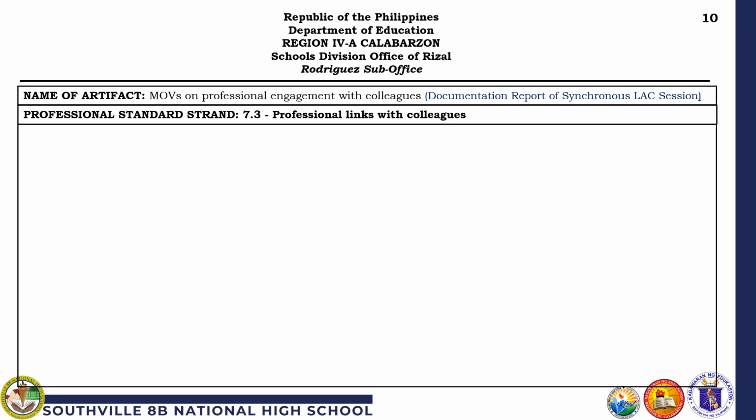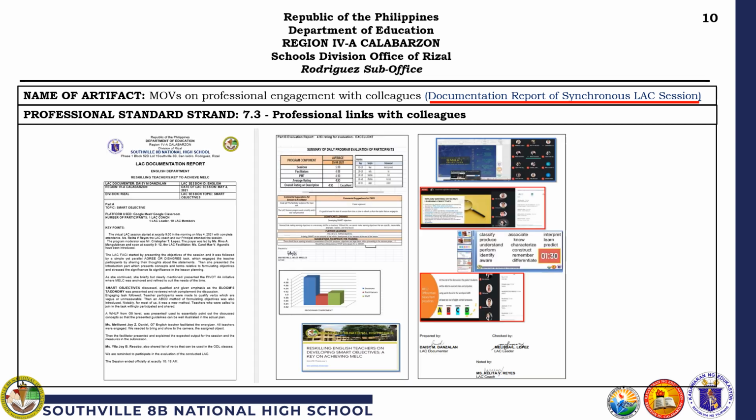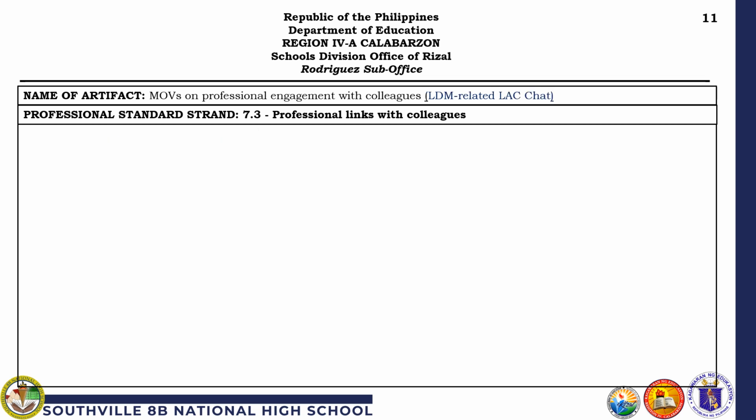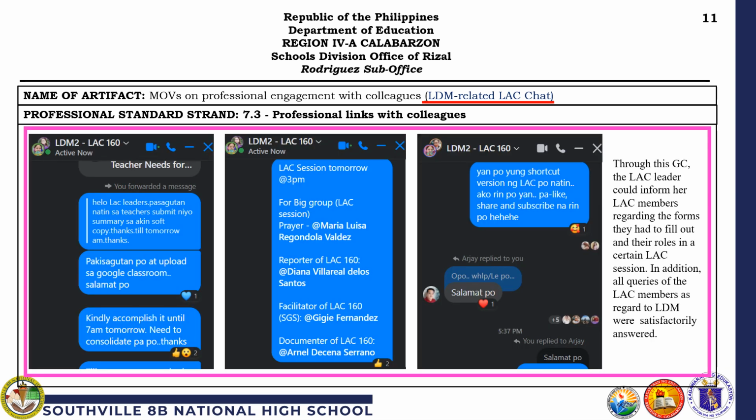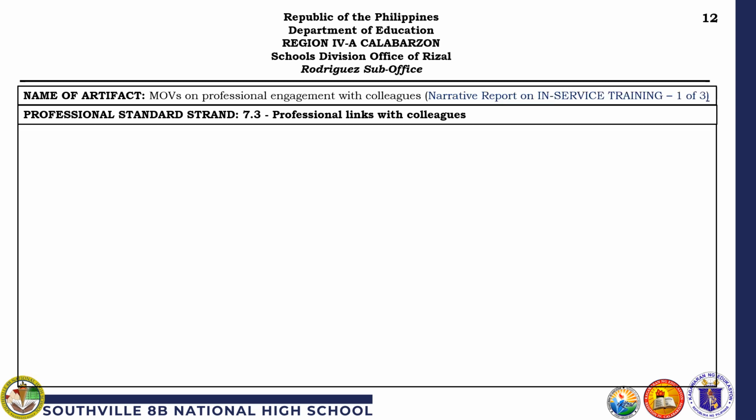My first MOB is the documentation report of synchronous LAC session. My second MOB is photo documentation of LDM-related LAC chat. My last MOB is the narrative report on in-service training.